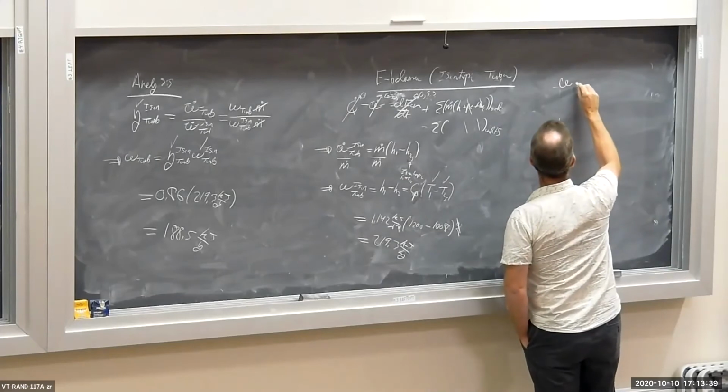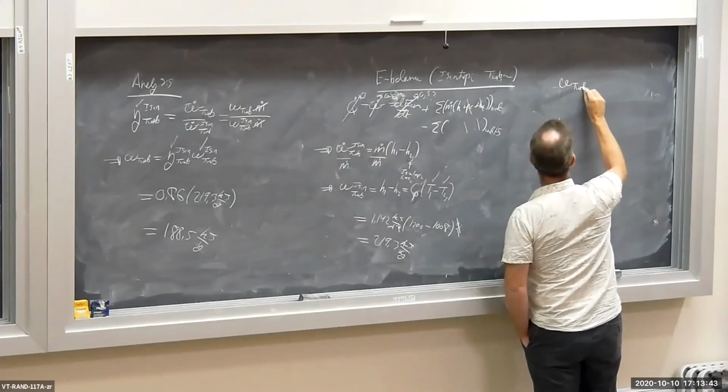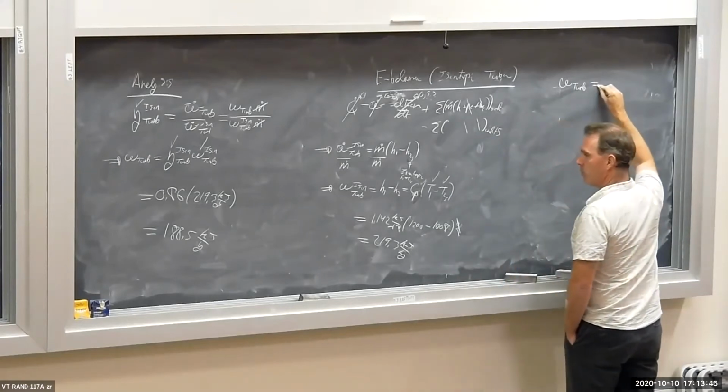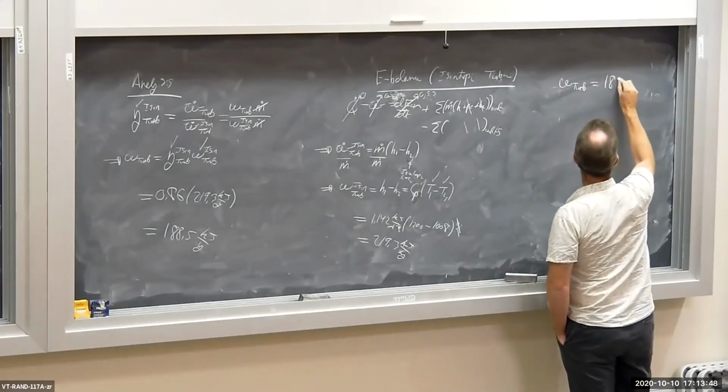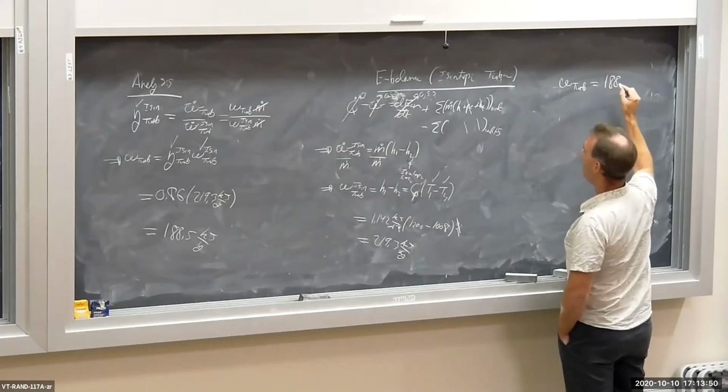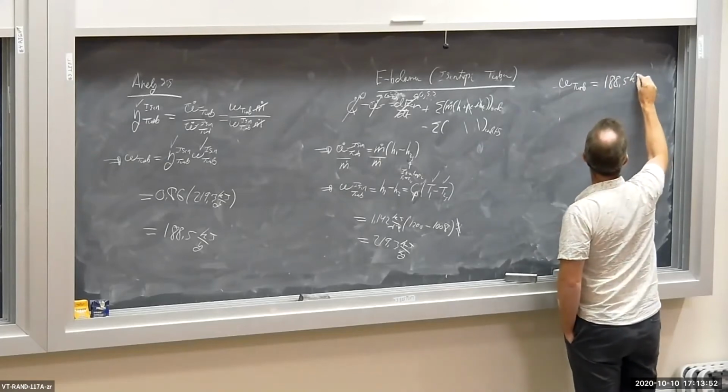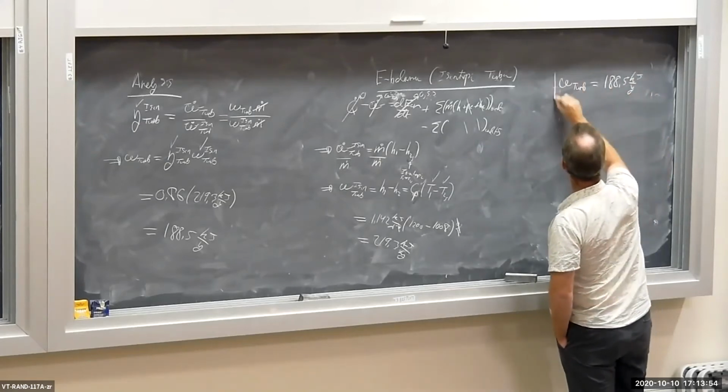The specific work produced by the actual turbine, the irreversible turbine, is 188.5 kilojoules per kilogram of airflow.